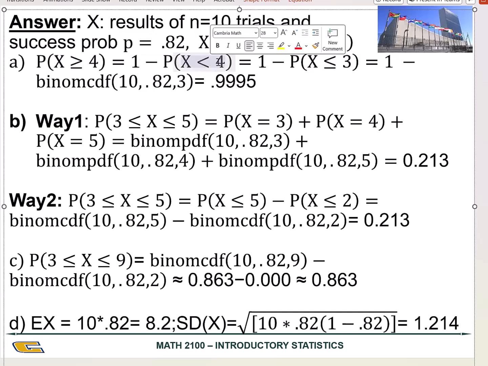But if you just keep it like this, you cannot plug it into your TI. The binomial CDF function on your TI requires the less than or equal sign.